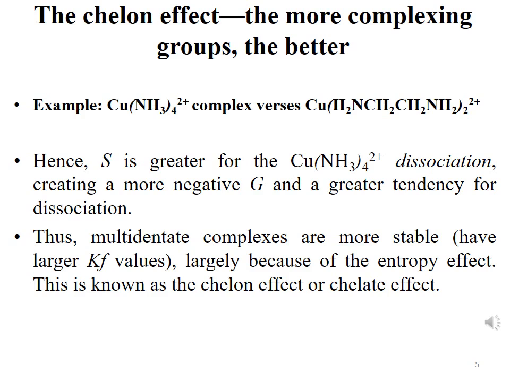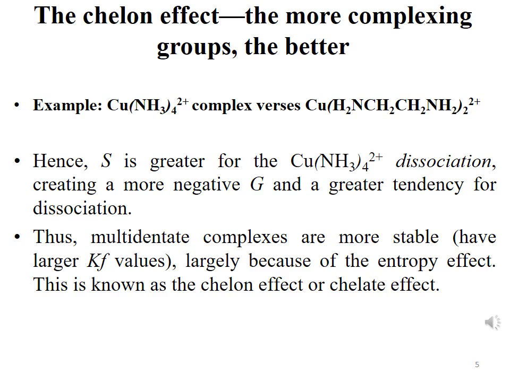We take 2 examples. The metal is the same, copper 2+. One copper 2+ binds to 4 ammonia molecules, and the other copper 2+ binds to 4 amino groups from 2 ethylenediamine molecules. So the release of heat for both will be the same.